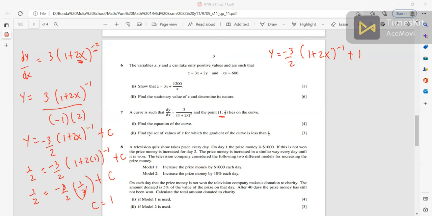And for the second part, find the set of values for which the gradient of the curve is less than 1 over 3. Remember, the first differentiation dy over dx is the gradient. So the gradient dy over dx is less than 1 over 3.